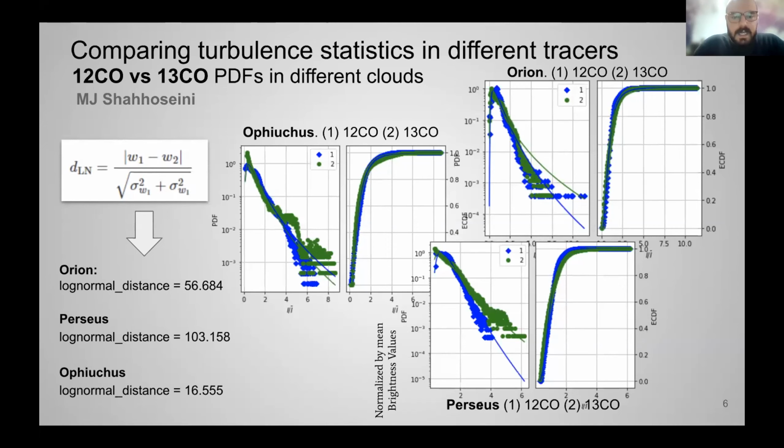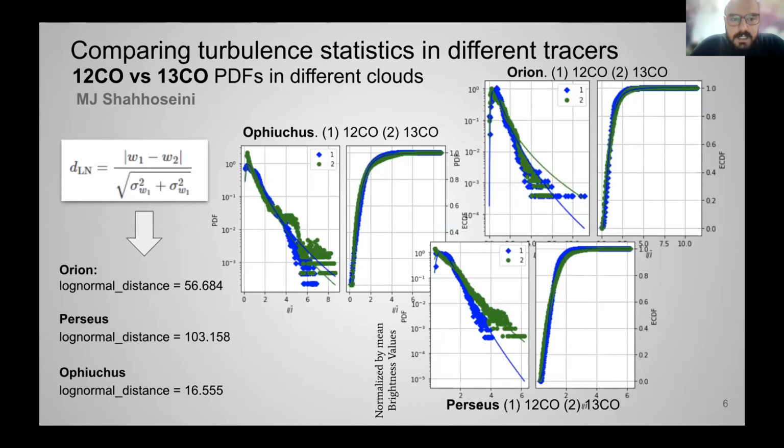We calculated the PDF distances in three different methods. Here you can see the result for the third method, the log normal distance, which is a parametric method. We found that the largest number for the log normal distance is for Perseus.